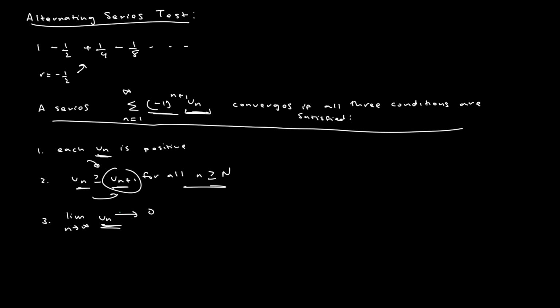One way to illustrate why this is true is, let's say we have an alternating series that starts at some value a, and we're adding u of 1. So the first term is plus u of 1, so we're at this point. The second term is minus u of 2, but it's going to be smaller than u of 1. So we end up here, and then we add a positive term, subtract a negative term, add positive, negative, positive, negative.